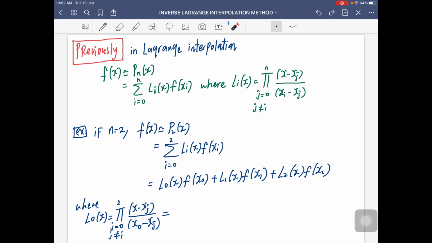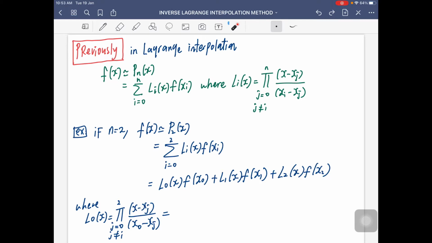Okay, so for example, if the order n of your polynomial is 2, it means that you have 3 data points. So you want to estimate f(x), approximated by P2(x). Insert into this Lagrange formula, it is a summation from i equal to 0 until 2 of your Lagrange term L_i(x) multiplied with f(x_i).